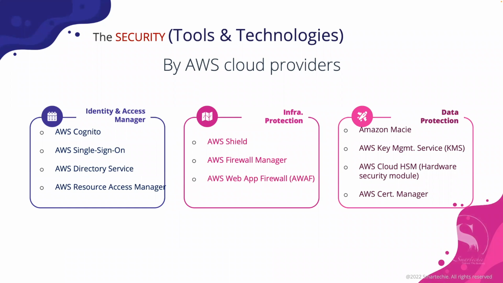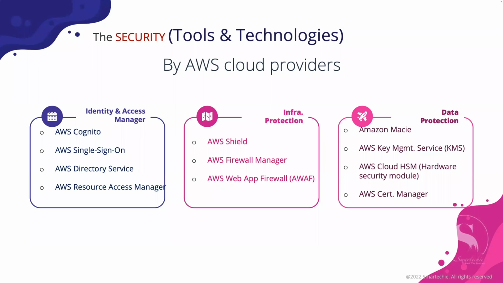For security, there are lots and lots of tools and services available in the marketplace. If we talk about some examples from the AWS cloud provider, there are three types of security that can be implemented throughout the system design.